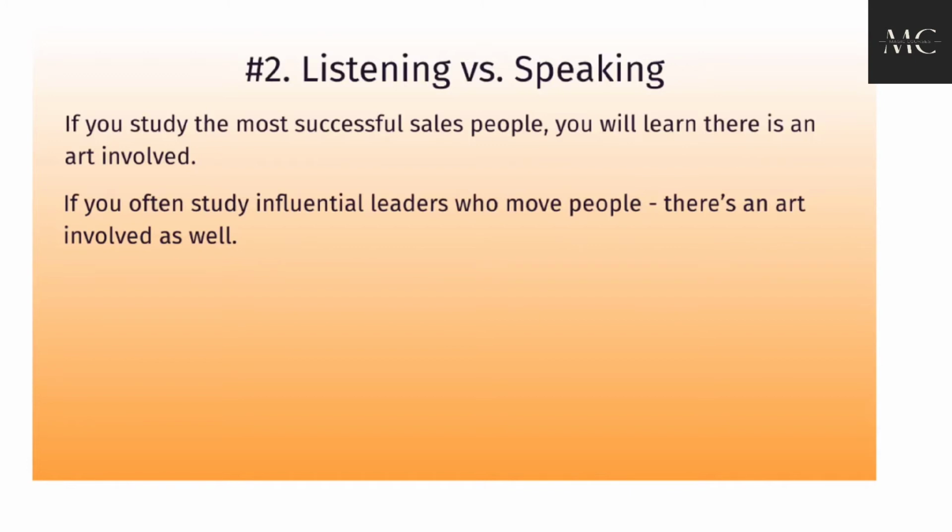One type uses their authority to move people around. They're very bossy. But then you have the other type of leader who gains trust from people, and people are willing to move because they trust that leader, using their influence rather than their authority. That's the type of leader that we're talking about here.